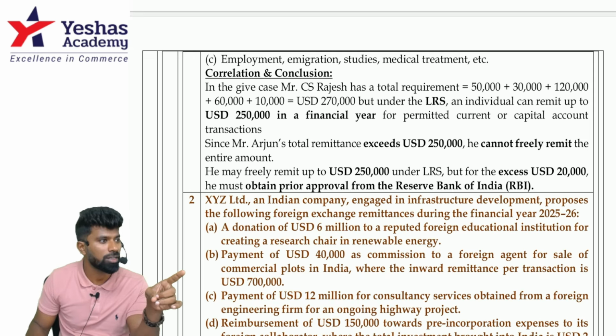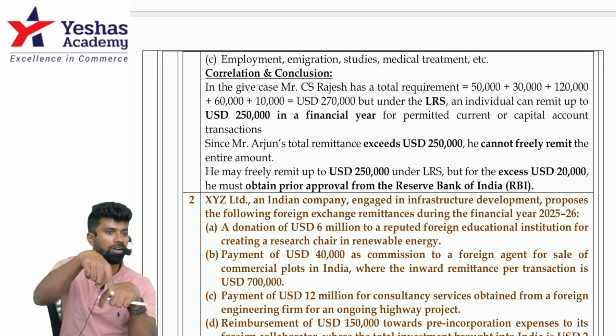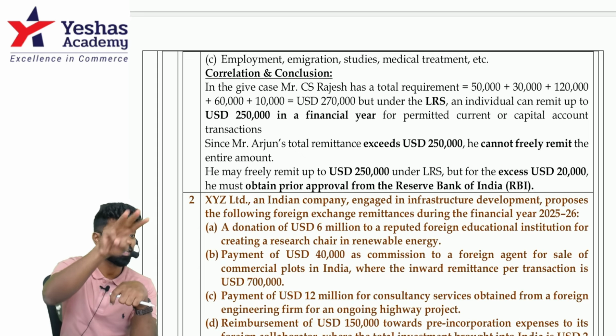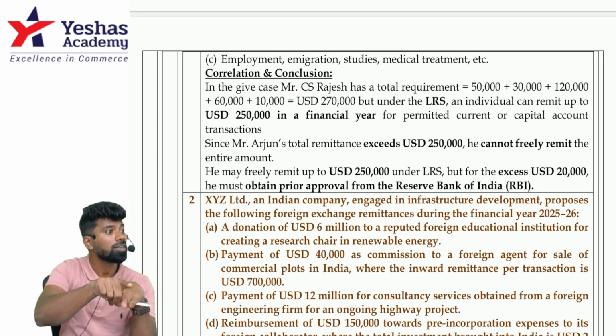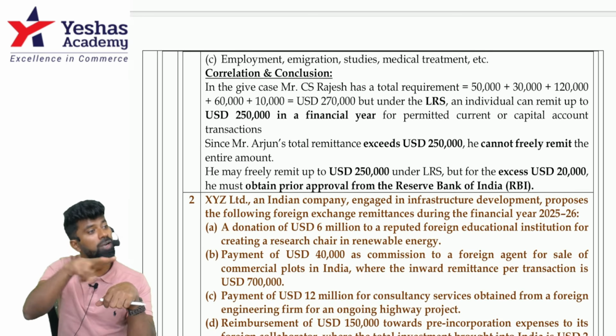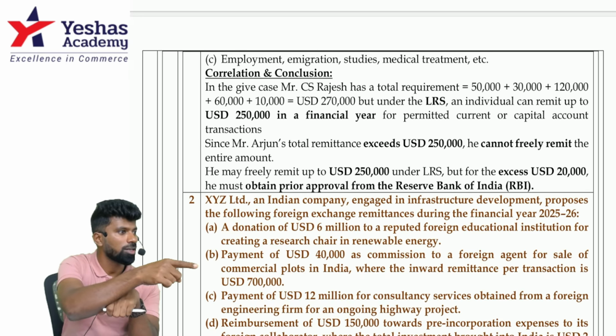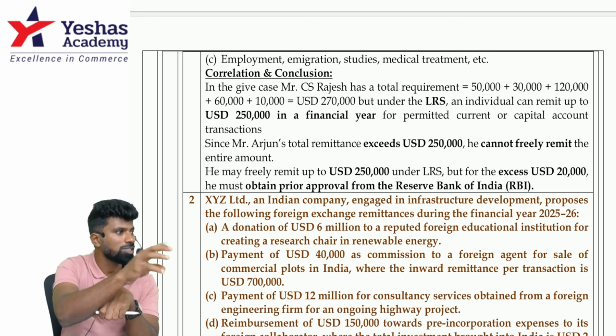Approval of RBI, other than individuals, 1% of 3 years foreign exchange or 5 million, whichever is less, for donations. Second one, commission of how much? 25,000 US dollars or 5%, whichever is more.